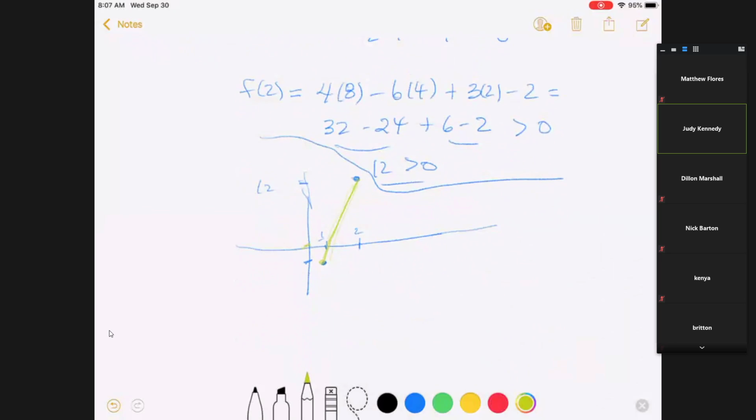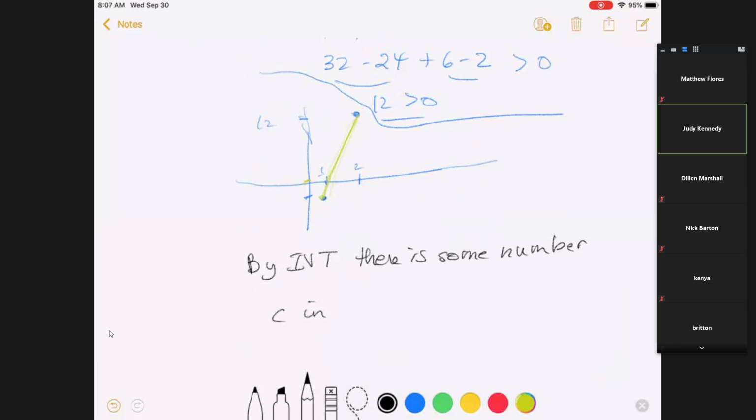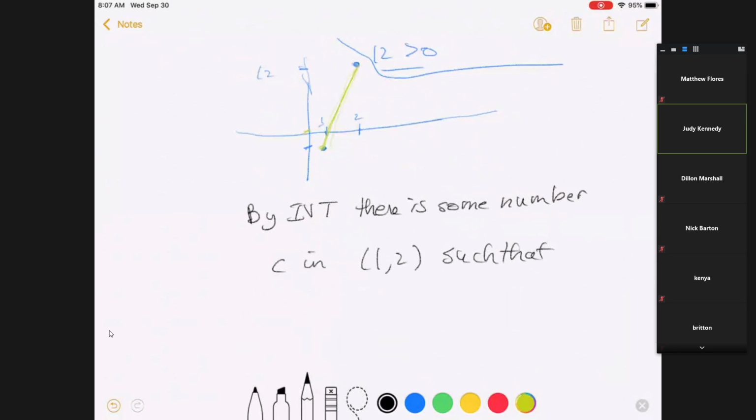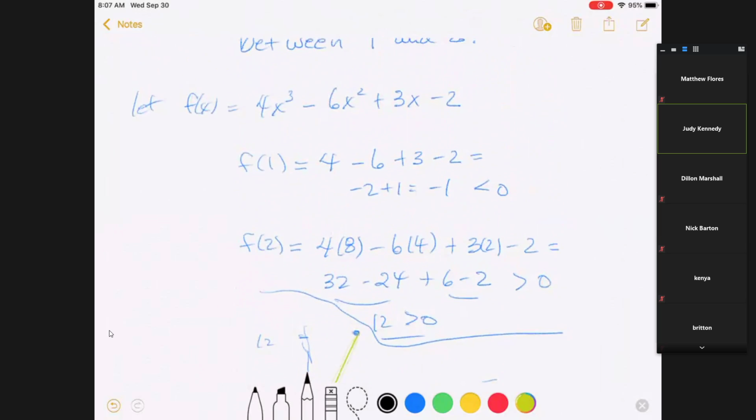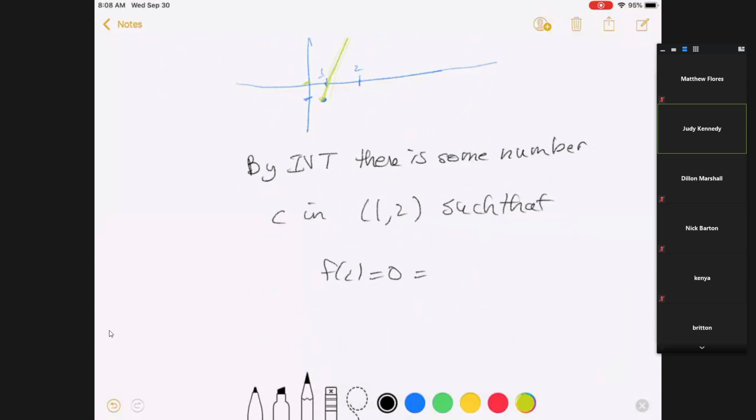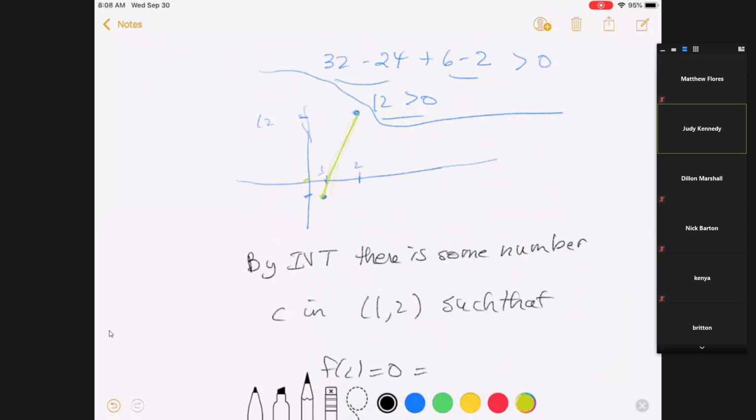So by the intermediate value theorem, there is some number c in the interval from 1 to 2 such that f of c is equal to 0, which would be 4c cubed minus 6c squared plus 3c minus 2.